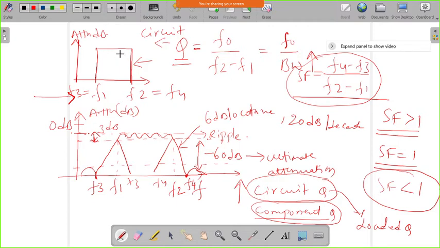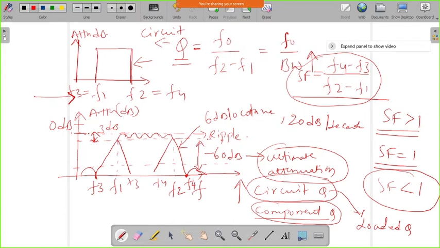Now we'll define, as I said here, the ultimate attenuation. What is it actually? It is the maximum attenuation that the resonant circuit presents outside the specified passband.